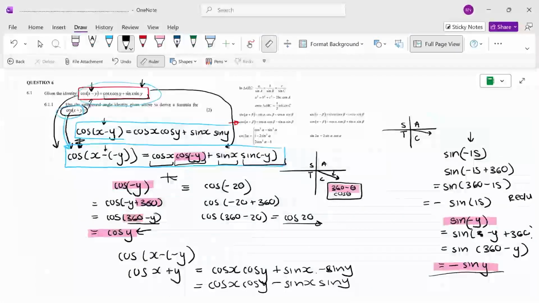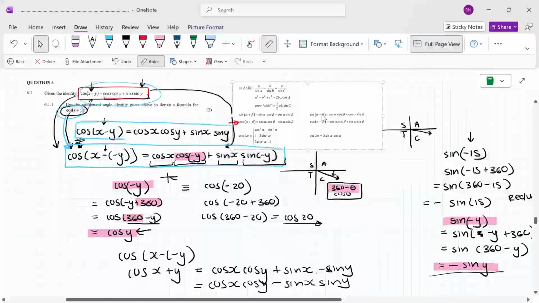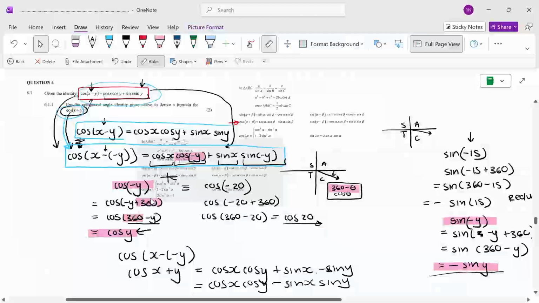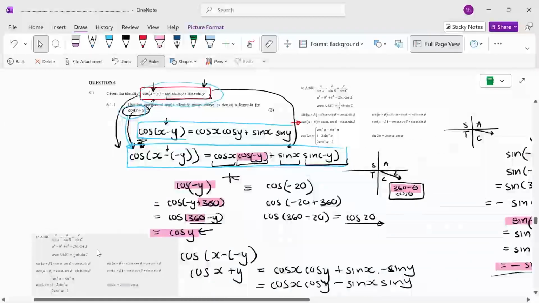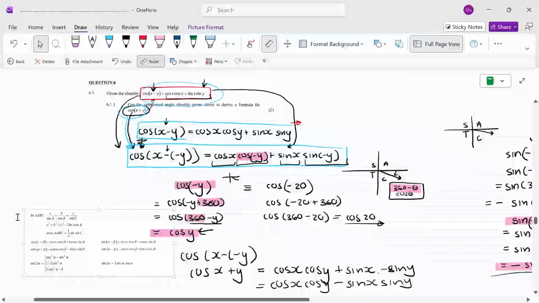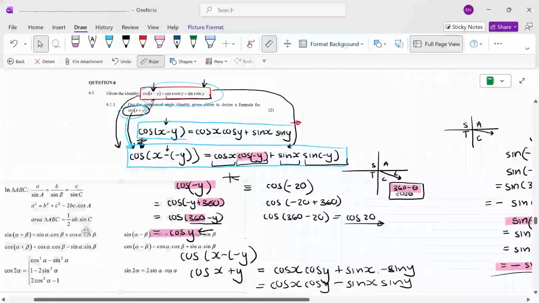Okay, and that agrees with the identity that we already have in our formula sheet. This identity in our formula sheet says, let's move it to the side, what does it say?